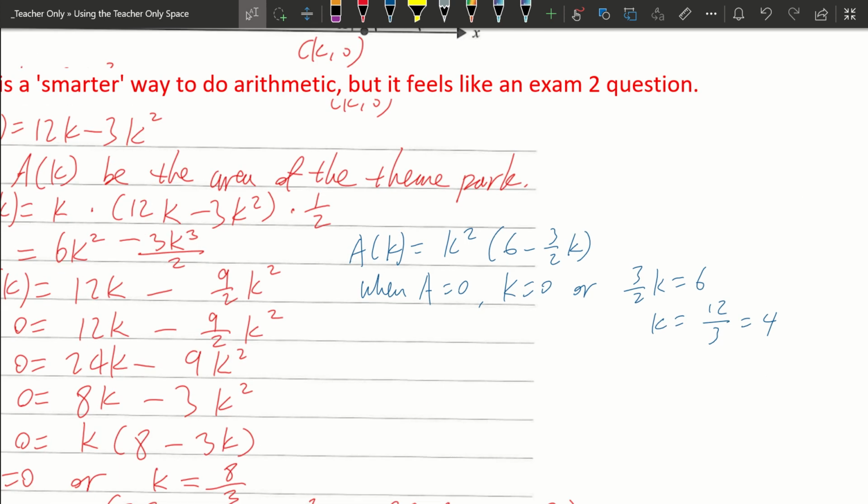So I'm going to get something like this. This is 0, this is k, this is a, and that's going to be 4.